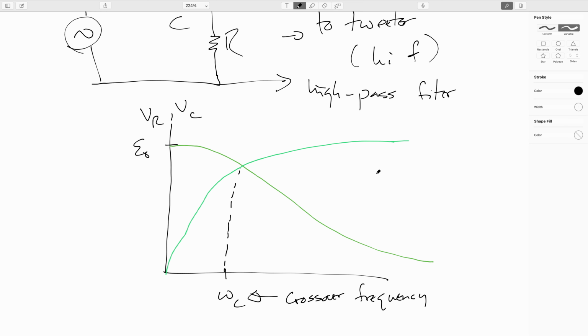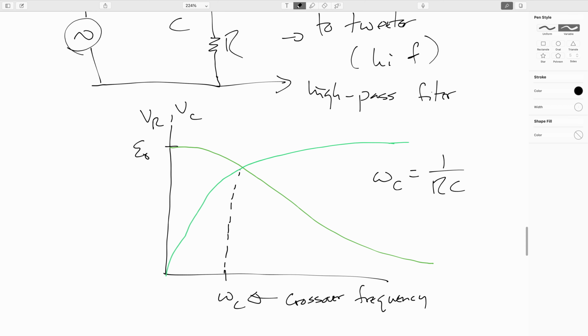You can show, but I won't here, that this is equal to just 1 over RC, without any roots or anything like that. Now, the question that I have for you here before we finish this off is, if you take a look at this, this is drawn reasonably accurately.